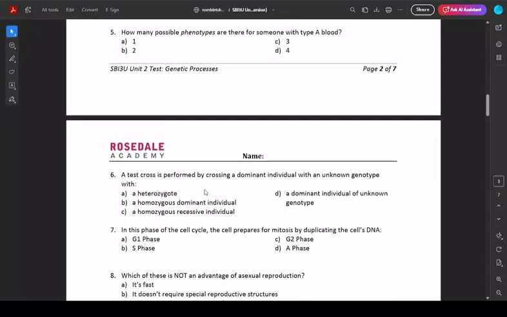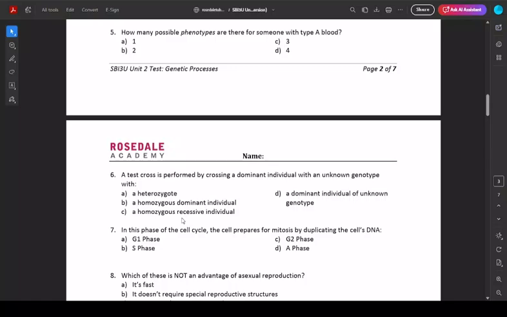So a test cross is performed by crossing a dominant individual with an unknown genotype with a homozygous recessive individual.